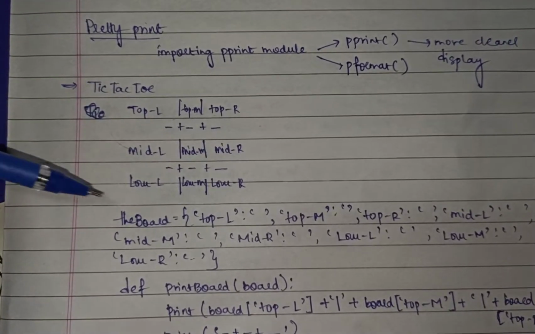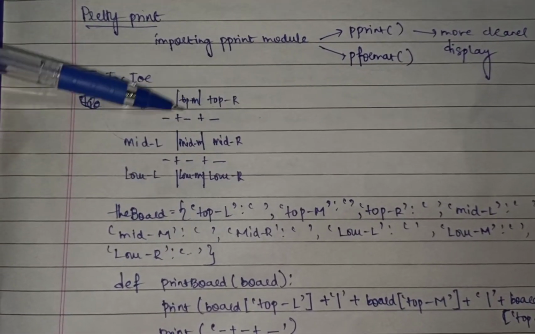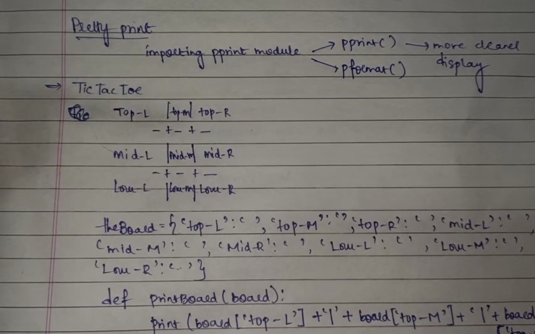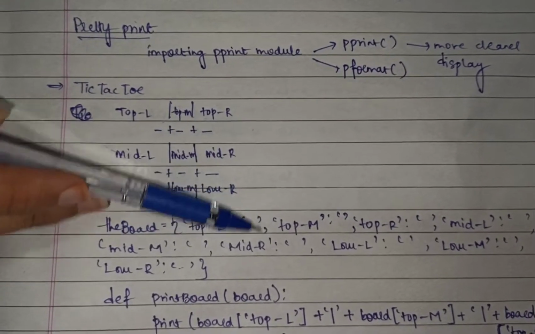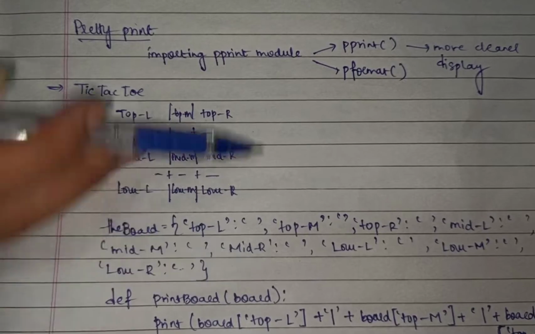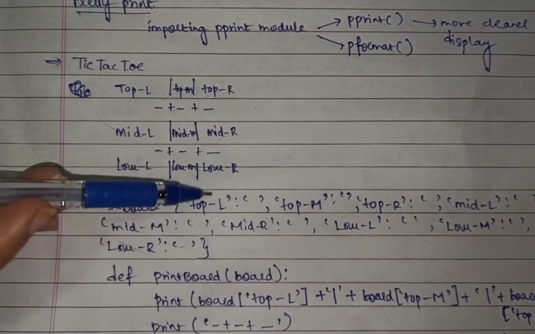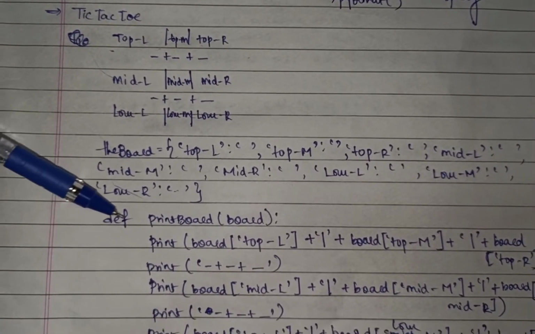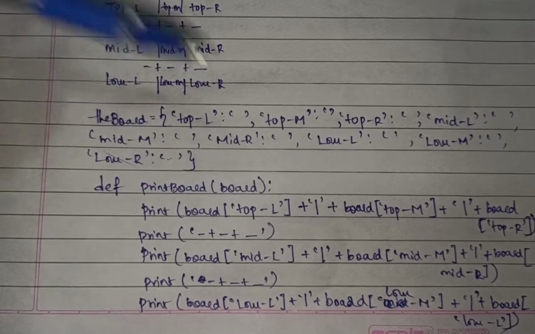Firstly you'll use a dictionary to represent the tic-tac-toe board. These top L, top M, top R will be used as keys, and the values will be set to empty. So this is the dictionary that specifies the tic-tac-toe board. Then we'll define a function, def printBoard, and pass the parameter board.